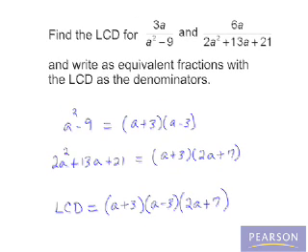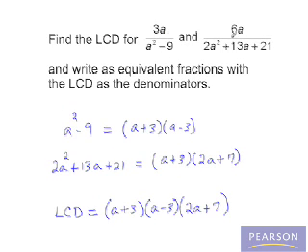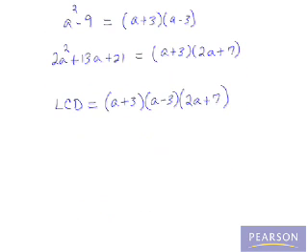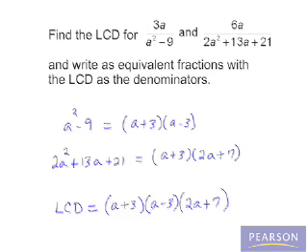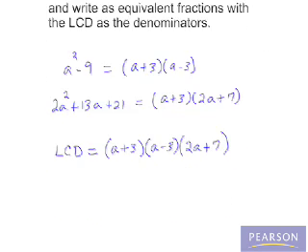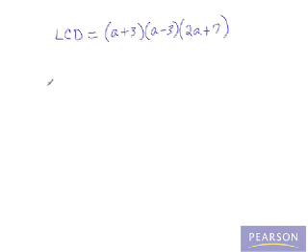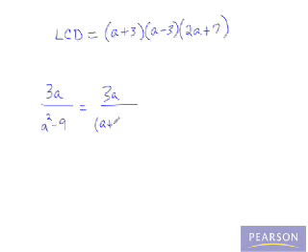Now we must go back and rewrite each of these fractions using this as our denominator. So let's start with the first fraction, 3a over a squared minus 9. We saw earlier that a squared minus 9 can be factored as a difference of squares, a plus 3 times a minus 3.